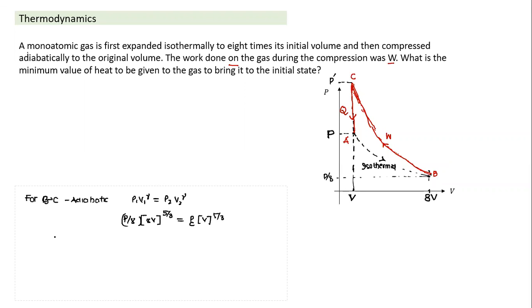So what is pressure at C equal to? Pressure at C is equal to 1 by 8 into 8 raised to power 5 by 3, which is equal to 2 raised to power 5, which is equal to 4P. Okay, so I get this pressure is equal to 4P.